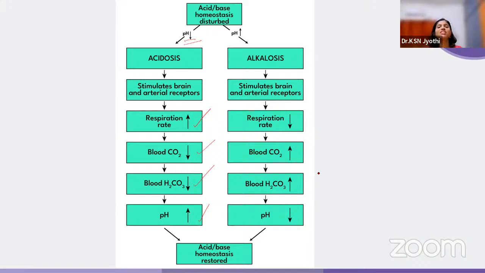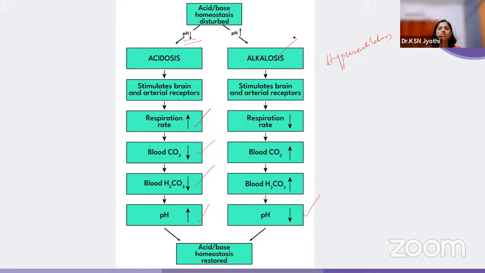In conditions like hyperventilation, when excess carbon dioxide is sent out of the body, what will happen? There is excess carbon dioxide sent out from the body. Therefore, the pH will drastically increase, resulting in a condition called alkalosis. So in that short gap of your breath being held and breath being released, you will see a drastic change in the pH.